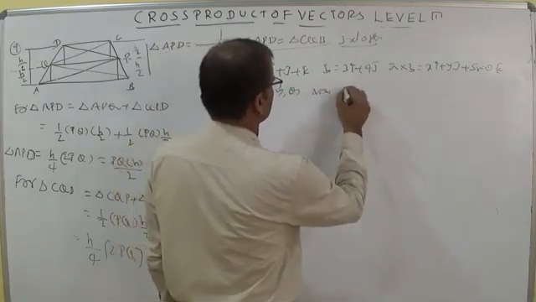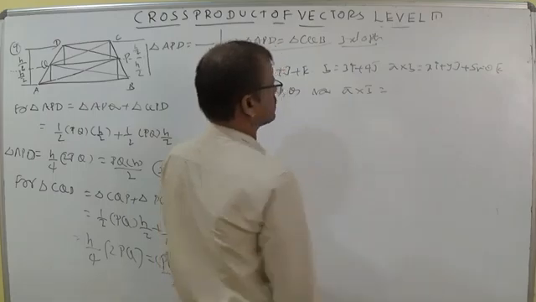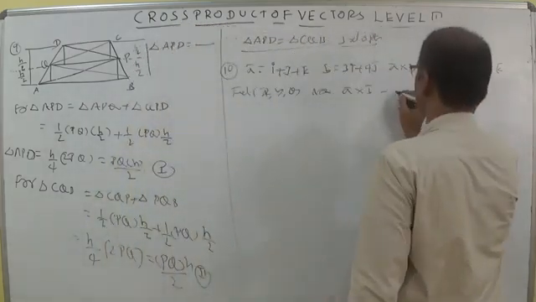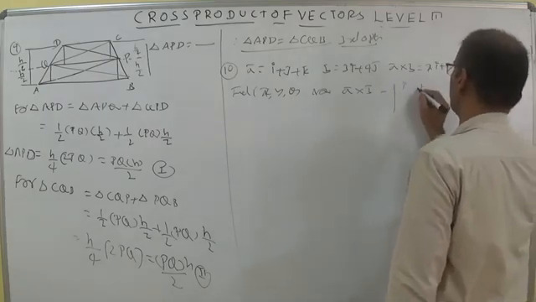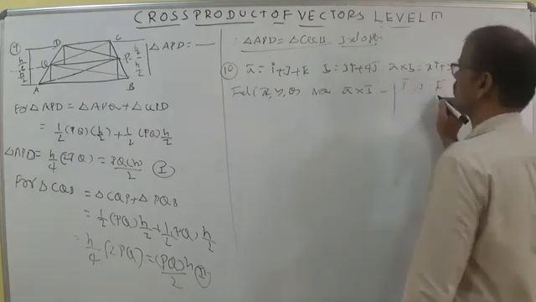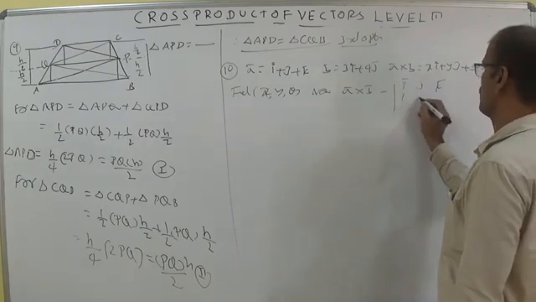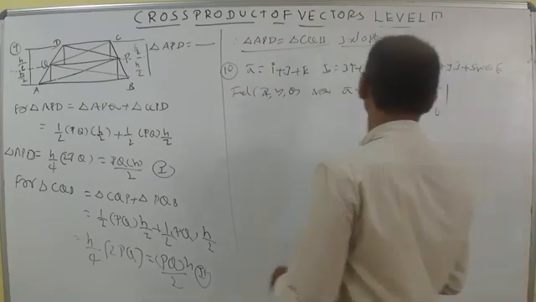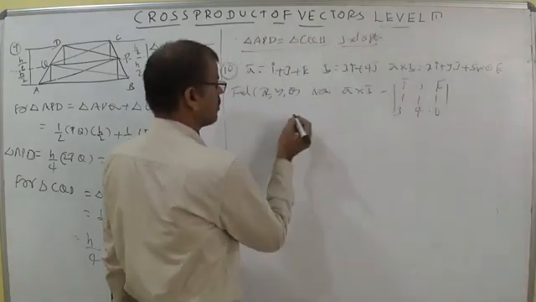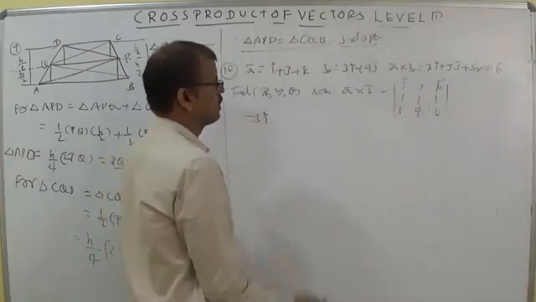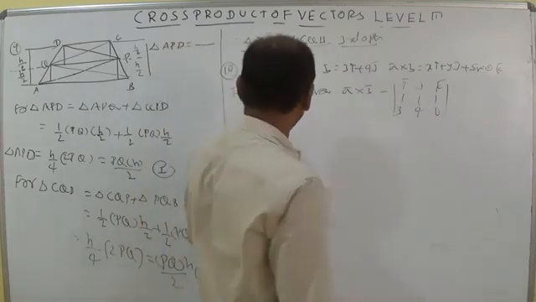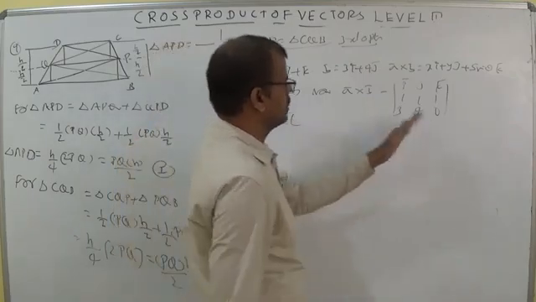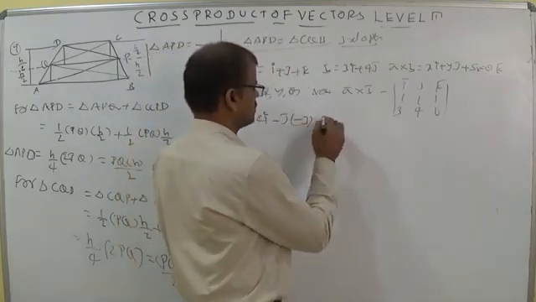Now we can say that the value of A cross B we can equate with Xi plus Yj plus sin theta into k. Calculating the determinant value, i, j, k; 1 1 1; 3 4 0. i into (0 minus 4), it becomes minus 4. Minus j into (0 minus 3), this is minus 3.